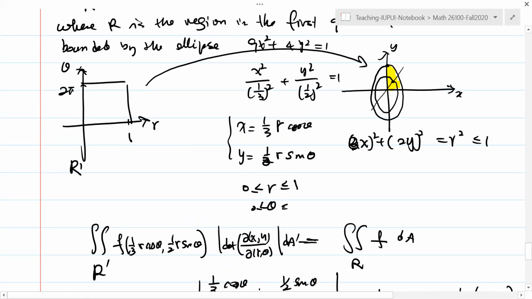Let me check my pen for a minute. So we need to learn how to set up the substitution, how to find the transformation for integrals over an elliptic region.